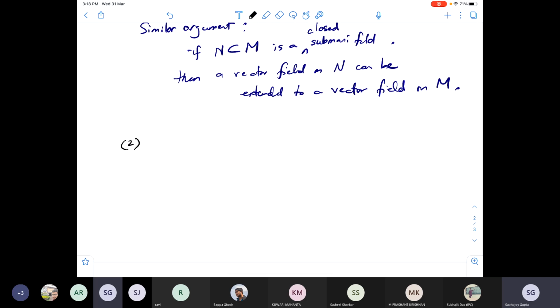The second remark is an easy but important fact. Vector fields can be added. So you have an additive structure on the set of vector fields.